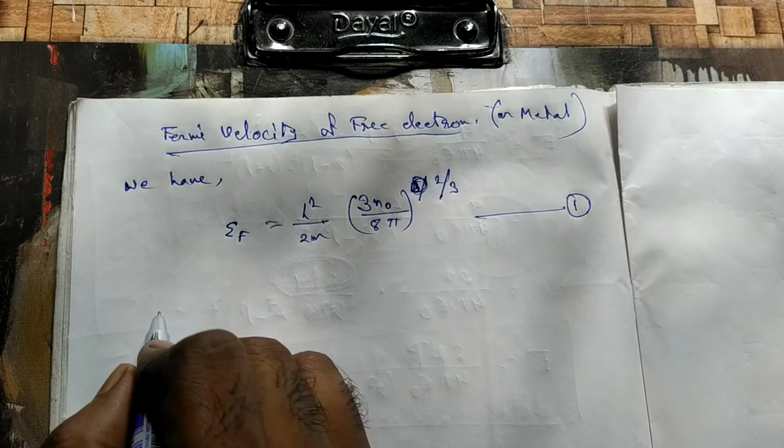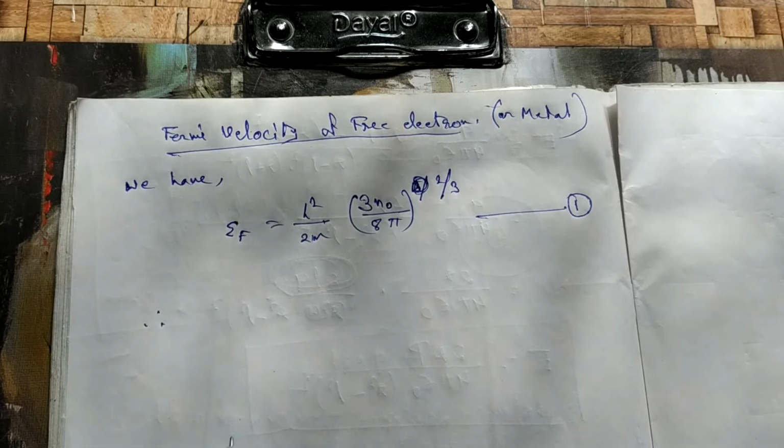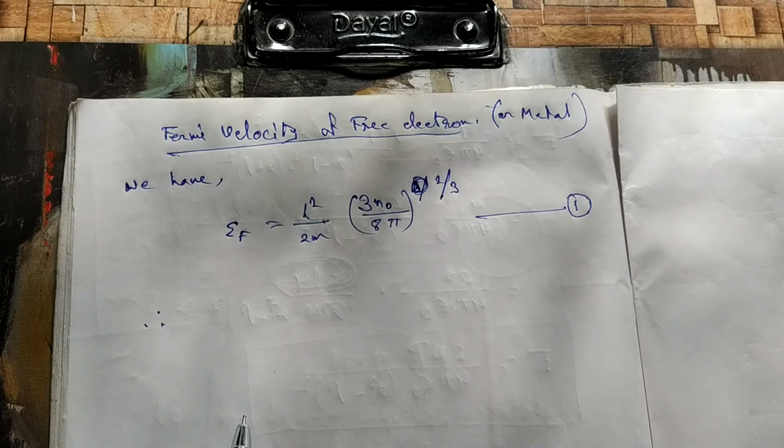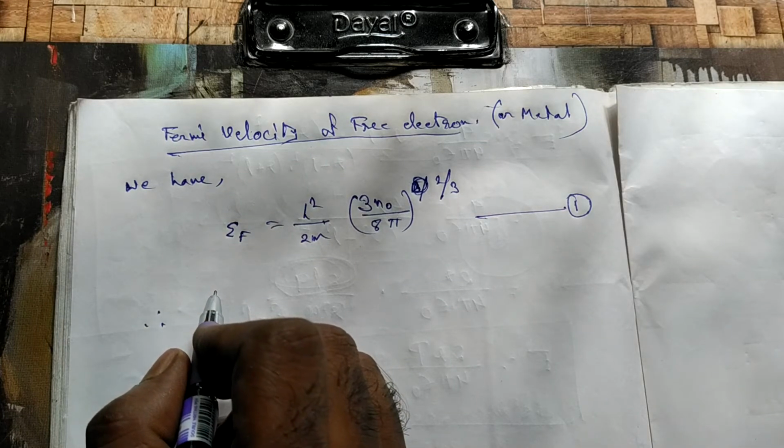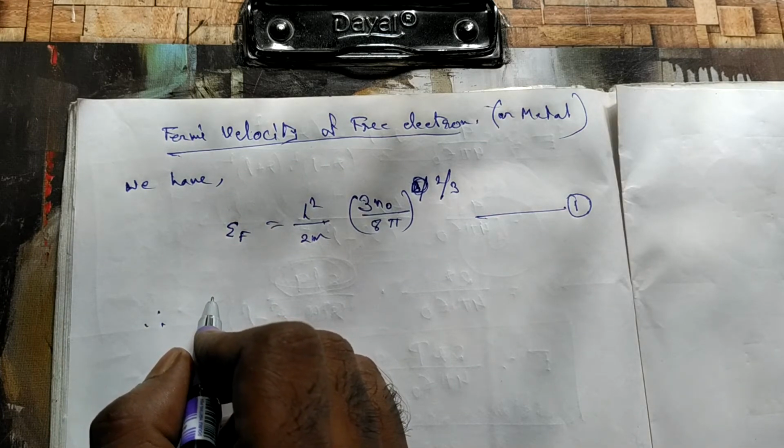All electrons are now free electrons, so every electron has an energy, and that energy is always kinetic energy, not potential energy.